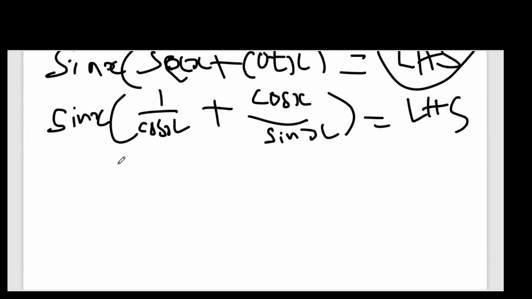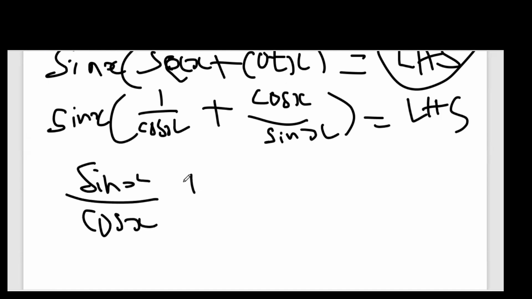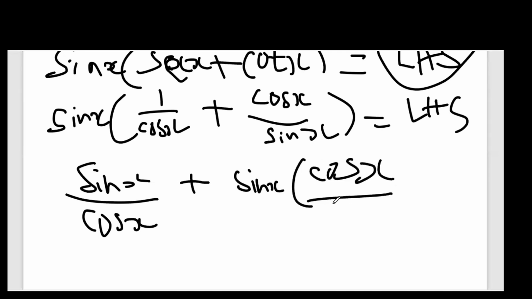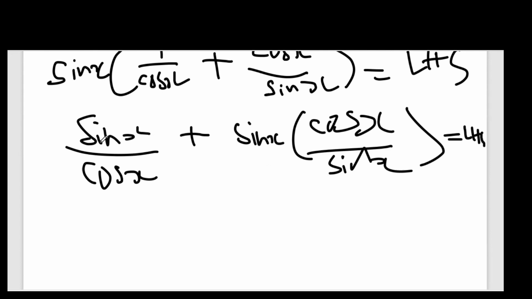Then I distribute my sin there to be sin x over cos x, plus sin x multiplied by cos x over sin x, equals the right hand side. So we see that this, sin over cos, will become tan x.